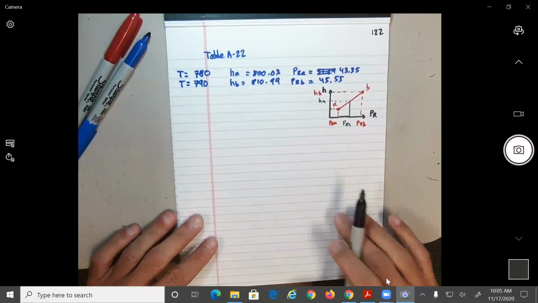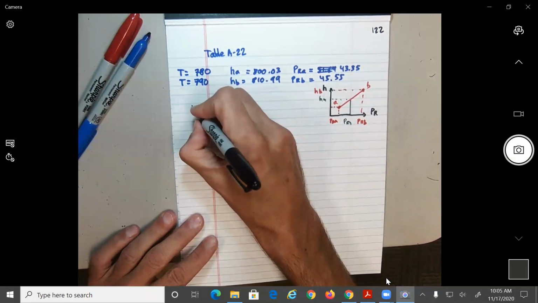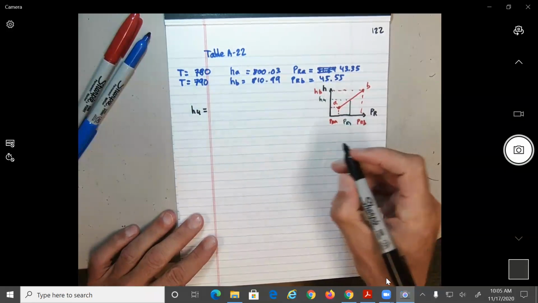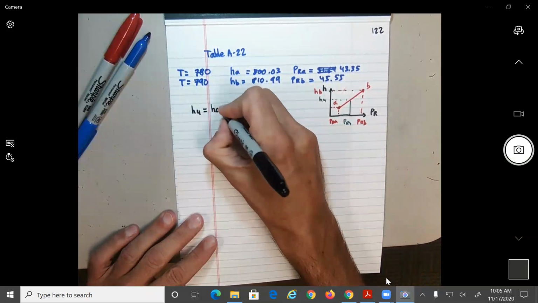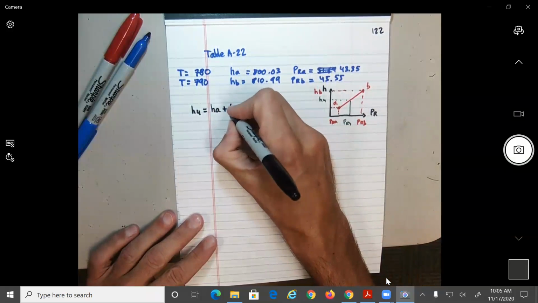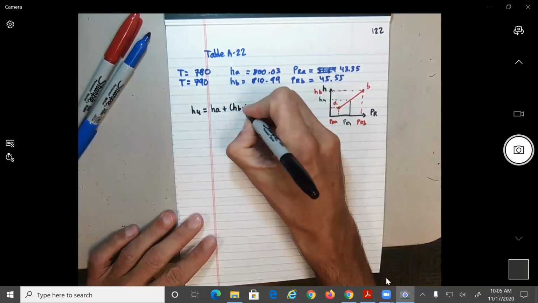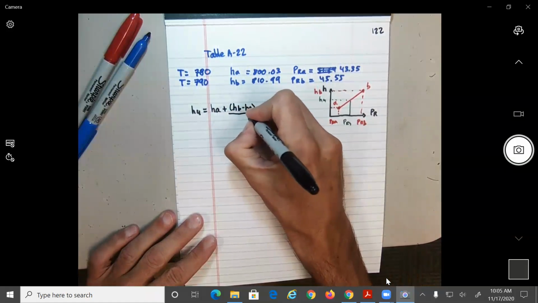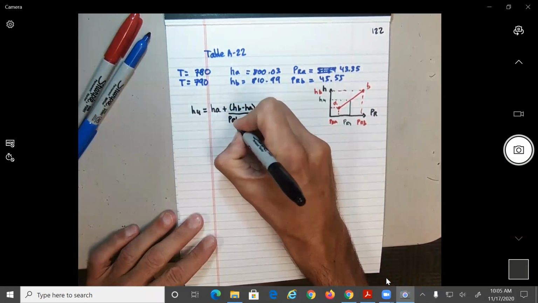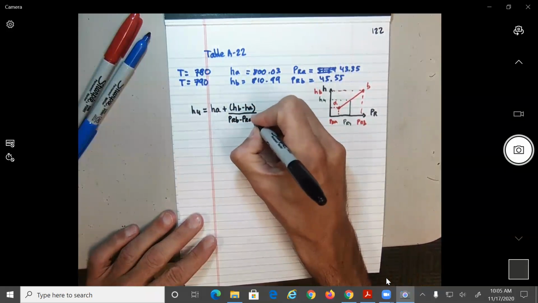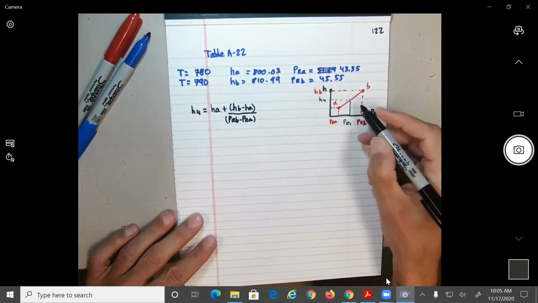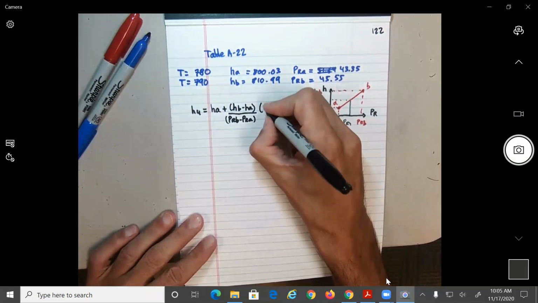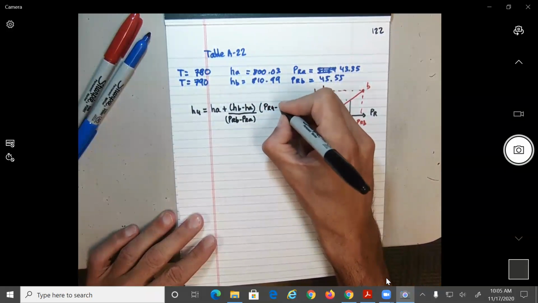So what do we have? We have H4. If we start from the bottom, should we go to what? H sub A plus H sub B minus H sub A, over PR sub B minus PR sub A, times PR sub 4 minus PR sub A.